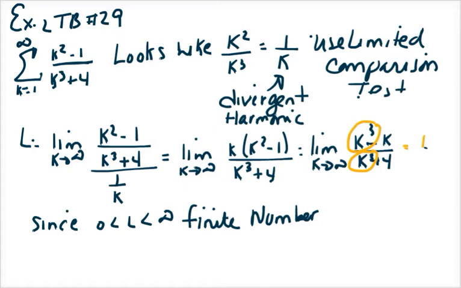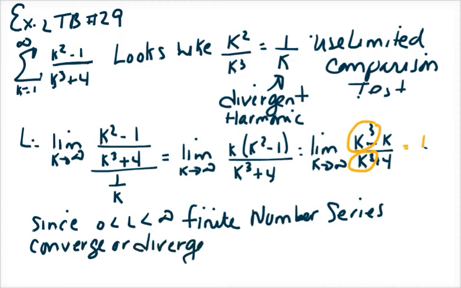It's a finite number, so I guess let me put the rule first. The series converges or diverges together. And we know it's a harmonic, and a harmonic is divergent. So our unknown series is going to diverge.